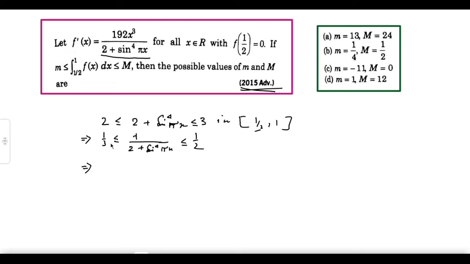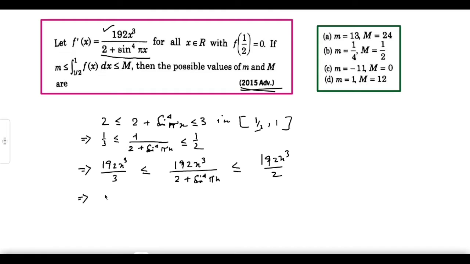Now multiplying each term of these inequalities by 192 x cube, that is 192 x cube by 3 less than equal to 192 x cube divided by 2 plus sine to the power 4 pi x less than equal to 192 x cube by 2. Always remember x belongs to half to 1, that is x is always positive, so the sign of inequality remains unchanged.